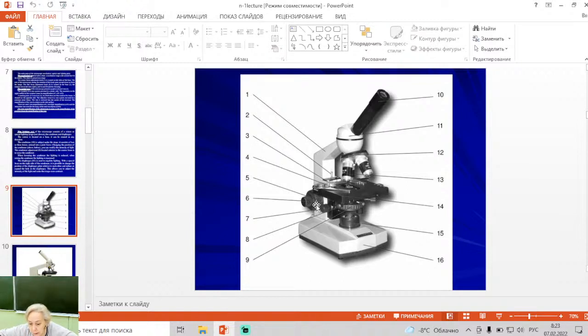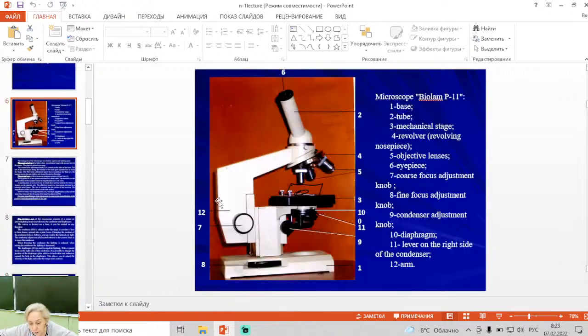You can see the coarse focus adjustment knob on the arm, and next to it the fine focus adjustment knob, number 6. On the first microscope, the fine focus adjustment knob was on the base.